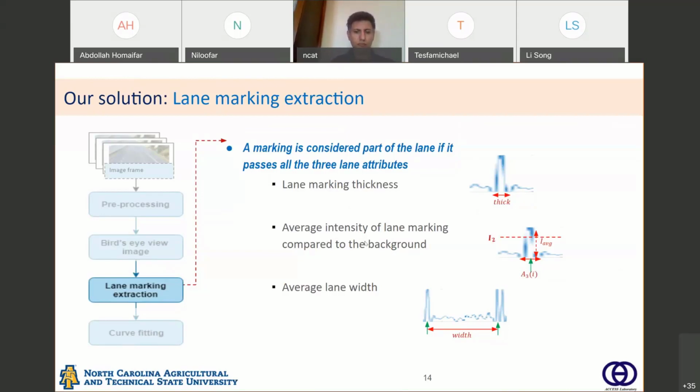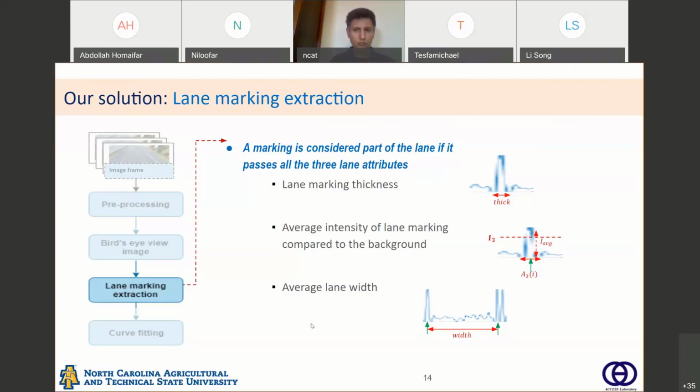The second characteristic of the lane is that lane markings are brighter than the background. So we check the intensity value of the lane markings to separate pixels that belong to a lane boundary from the background.